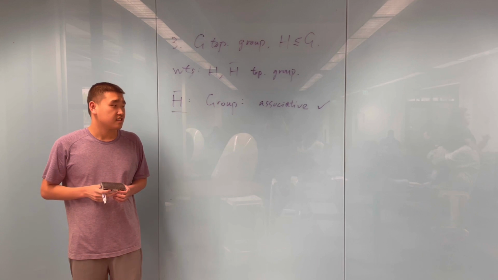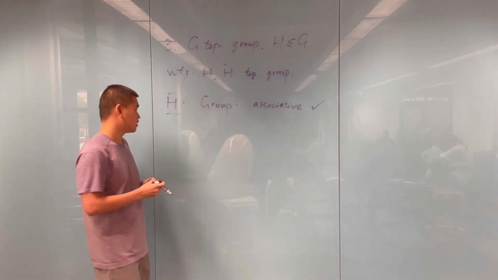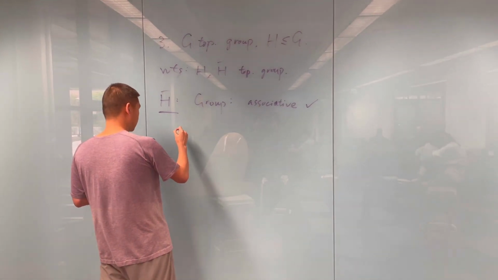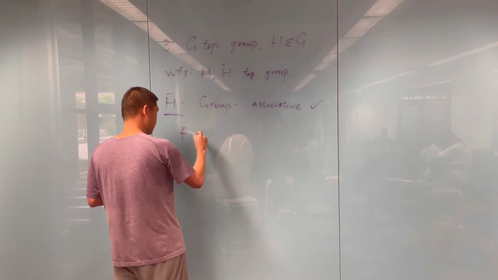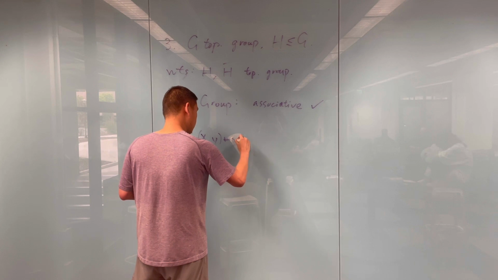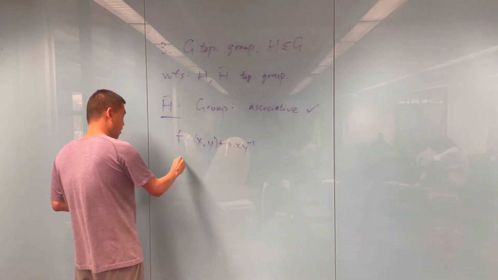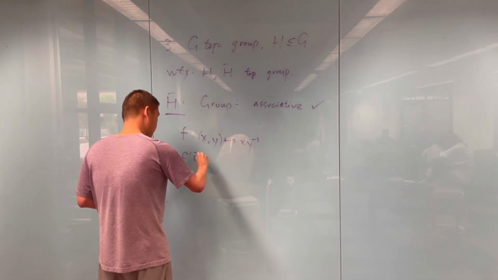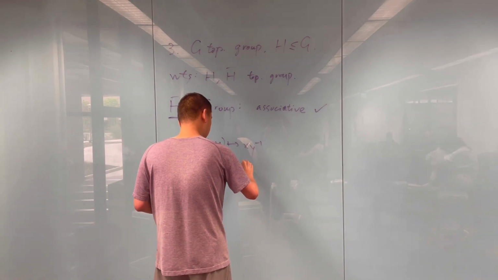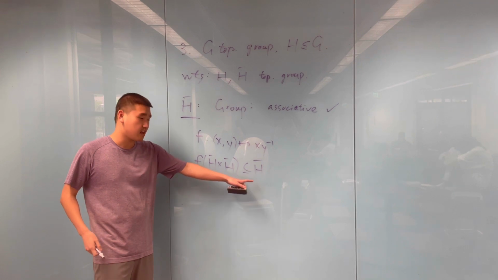So we just need to check, first, that it's closed, which is to show that this function has the property that when it acts on H bar plus H bar, we still get an element in H bar.